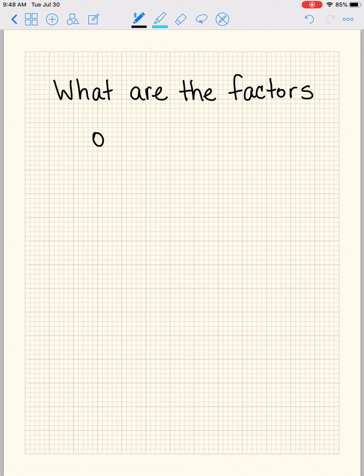Now, a question you might see is, what are the factors of 12? So, what we have to think about, the important word, I should say, is that word factors.